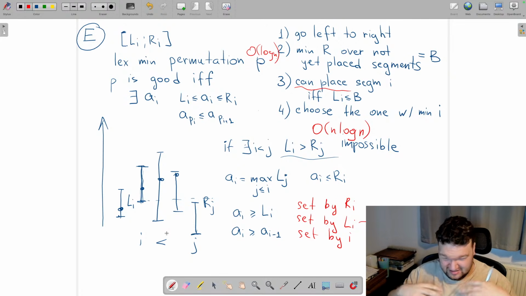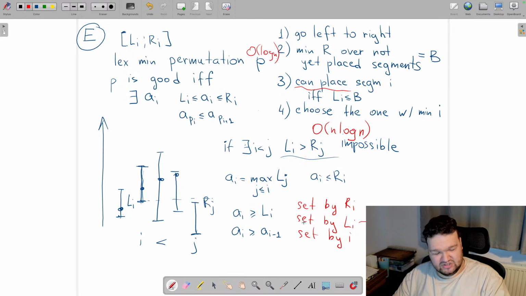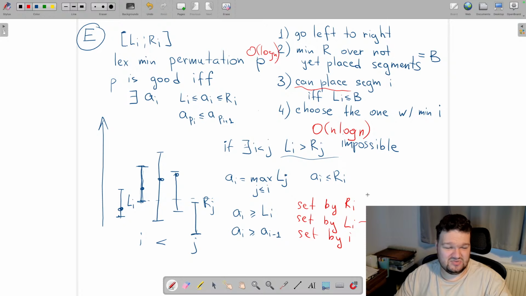It's static, so you can sort it once and then just maintain a pointer to the first not-removed element, and those sets can be replaced by a priority queue, which is faster.